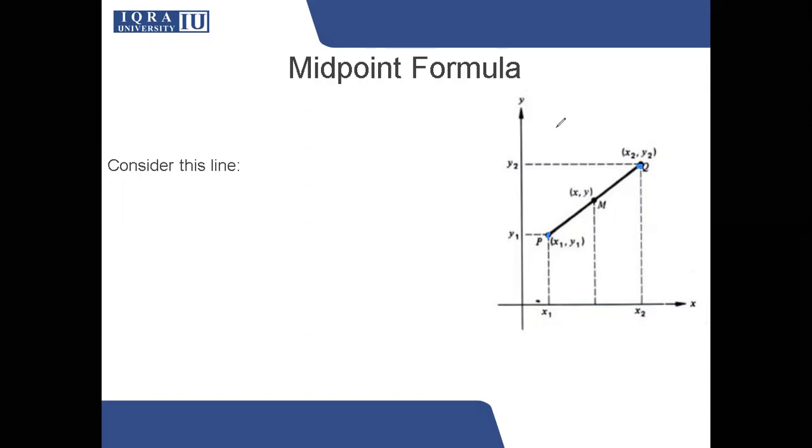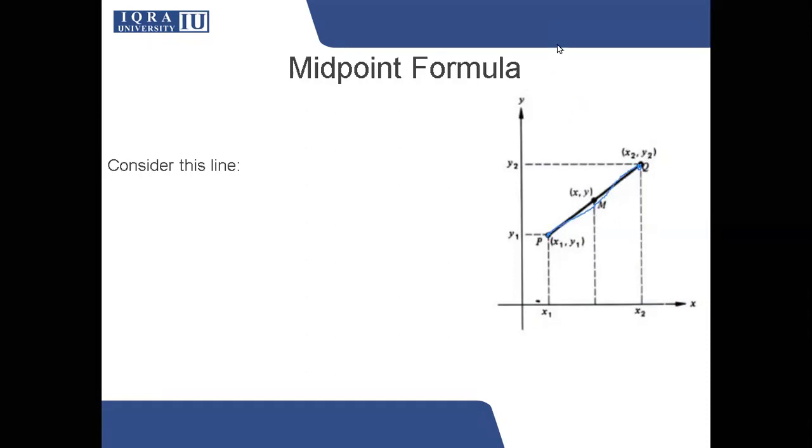I'm representing them using x1 and y1, but they can be any numbers, something like 2 comma 3, or 4 comma 6. I've joined both of these points with a straight line.